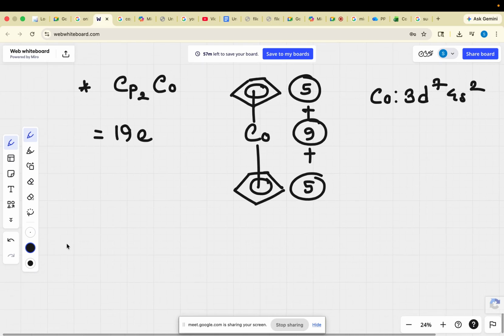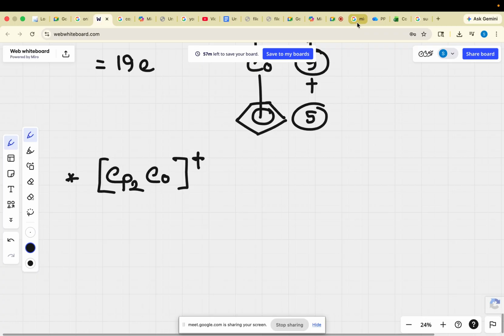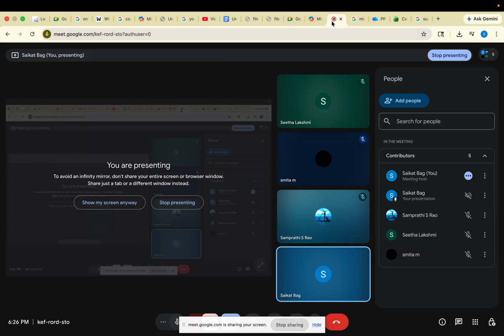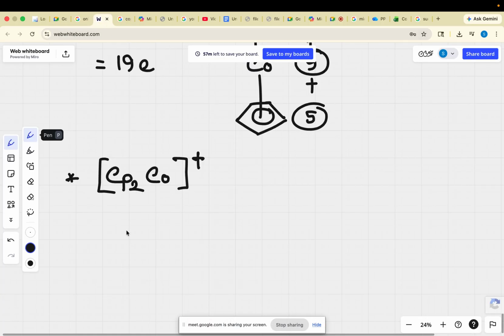Okay. If you have Cp2Co plus, how many electrons? 18 electrons, right?